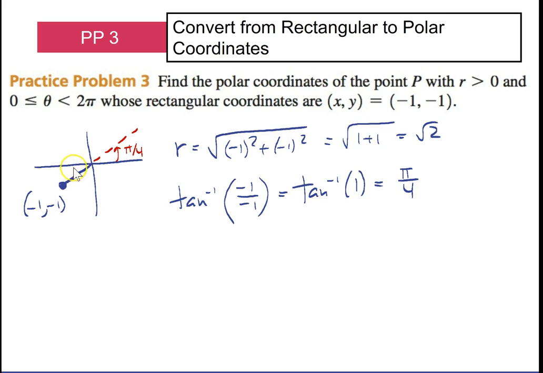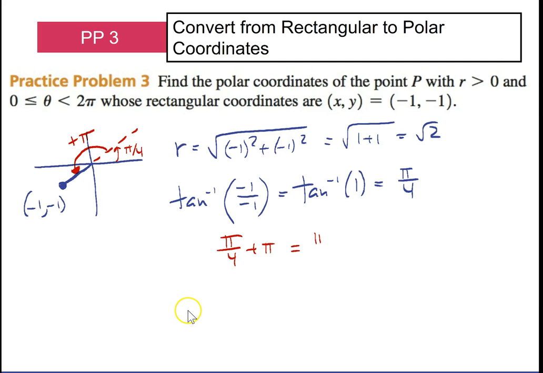So what do we do to get to quadrant 3? Well, we just have to add a pi, a half a rotation. So we're going to take pi over 4 and add 180 degrees if this was a degree measurement, or just pi because we are in radian measurement here. The angle that we just got from tangent plus half of a revolution.